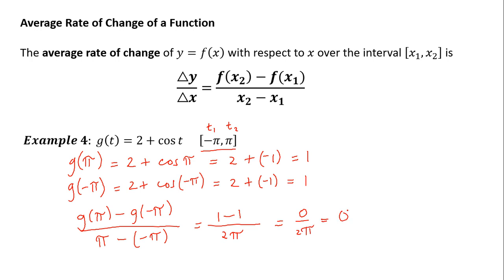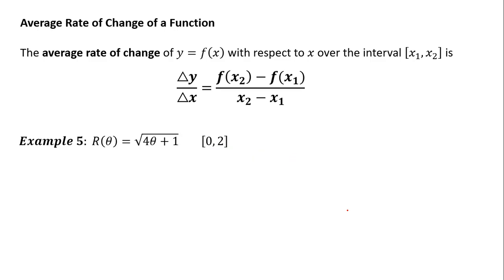Alright, now let's have our last example. We have the function r of theta equals the square root of 4 theta plus 1. So the interval is from 0 to 2. So let's solve for r of 2. Take note, this is theta sub 1, theta sub 2. So r of 2 is equal to the square root of 4 times 2 plus 1.